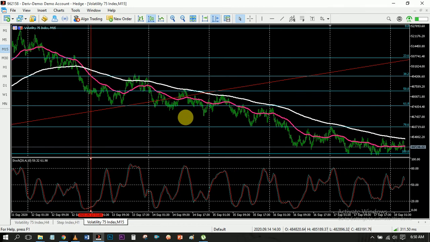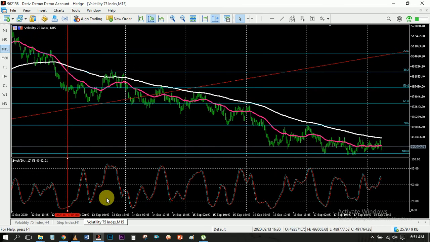Now you can see that right from here we are in a downtrend because the 50 is below the 200. So you're really looking for sell trades. What you want to do is wait for your stochastic to cross to the overbought level, that is above the 80. Since you're in the downtrend, once your stochastic crosses above the overbought region, you try to see if it touched any of these Fibonacci levels.